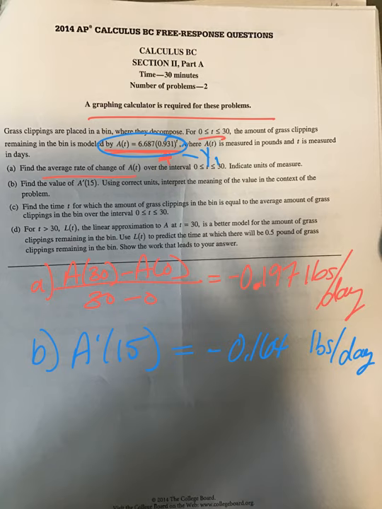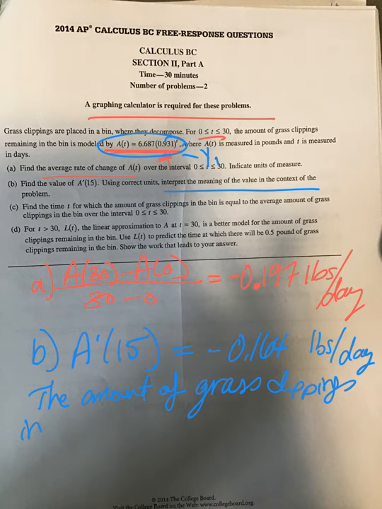That's one point, but then they're asking you to actually interpret the meaning. So they want a sentence that says what this is about. We're talking about the amount of grass clippings in the bin is decreasing.